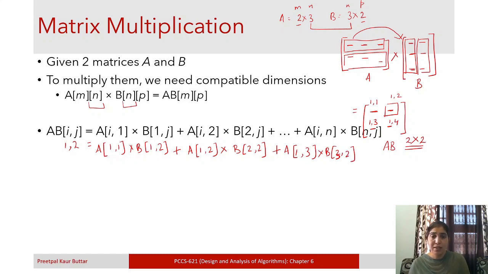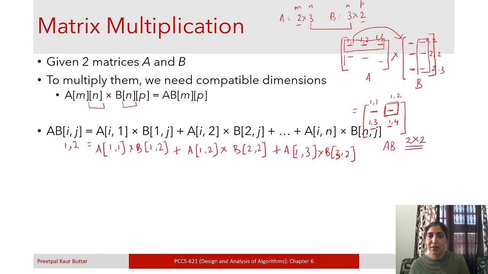So what is this expression doing? We were talking about this cell, right? In the previous explanation I said that this can be obtained by multiplying this entire row element wise with this entire column. Okay, so what is this? This is 1 comma 1, and here we are multiplying it with this. Let me write first 1 comma 1, 1 comma 2, 1 comma 3. Similarly, this is 1 comma 2, this is 2 comma 2, and this is 2 comma 3.